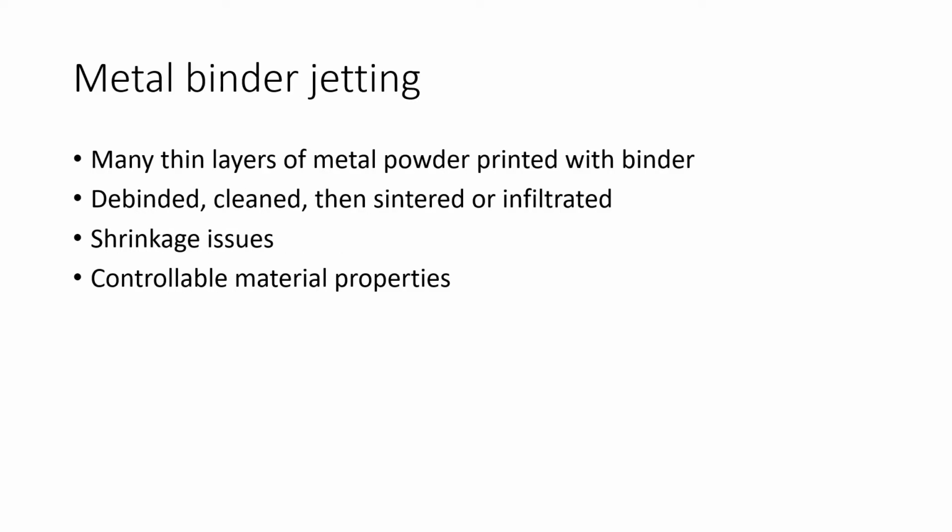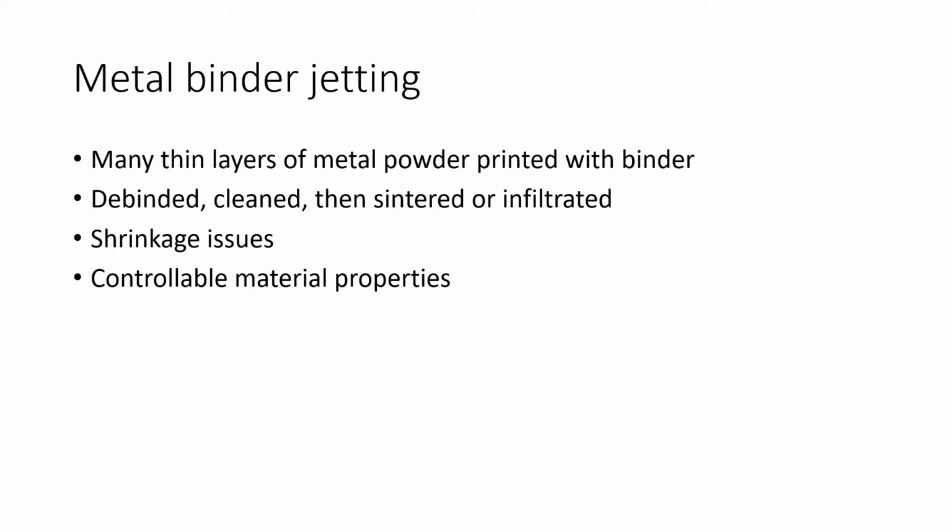The final method we're going to cover is metal binder jetting, and this is when you have many thin layers of metal powder printed with a binding agent. After printing this part, it is removed and it's called a green part. Then it's debinded, cleaned, then sintered or infiltrated.